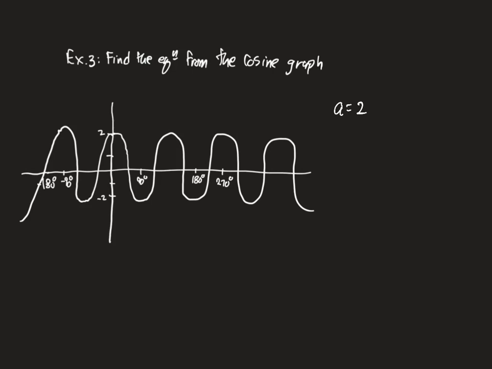Next thing I want to figure out is my period. Well, how do I figure out my period? We know that you're going here by every 90 degrees, it seems. So 3/4 of my period gives me 90, which means P should be 120.